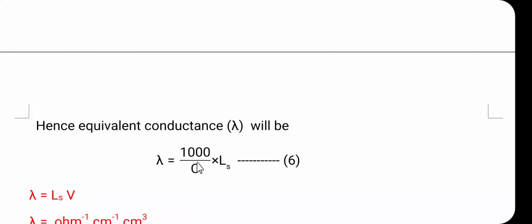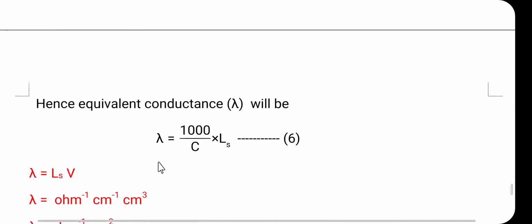With the help of this equation we can determine the equivalence conductance of the solution, where C is the concentration of the solution, generally expressed in terms of normality, and Ls is the specific conductance. Substituting the values of Ls and C, we can determine lambda.